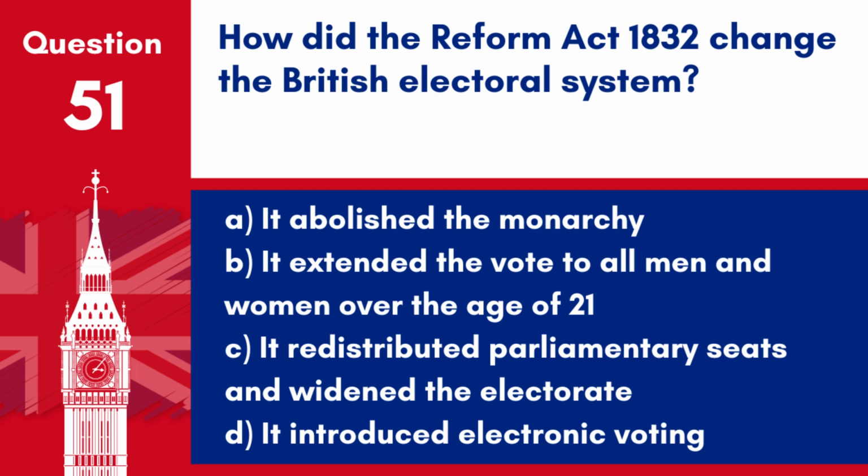D. It introduced electronic voting. Answer C. It redistributed parliamentary seats and widened the electorate. The Reform Act 1832 addressed electoral inequality by redistributing seats to new urban areas and widening the electorate, though it still excluded most working-class men and all women.